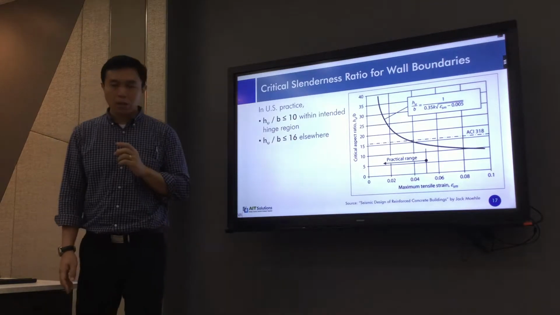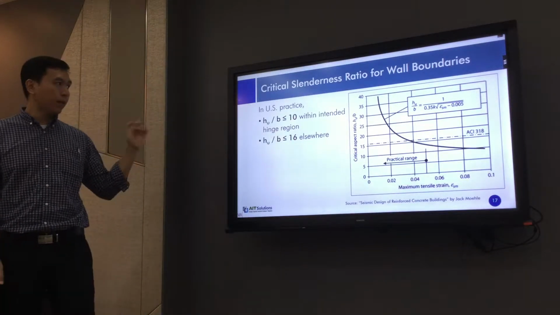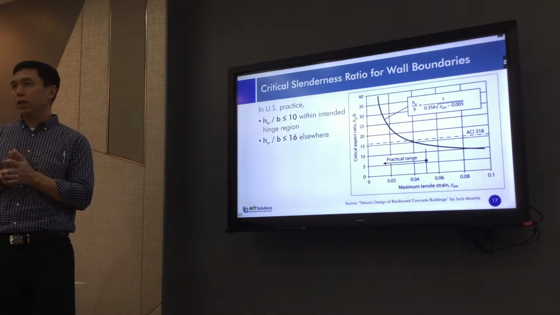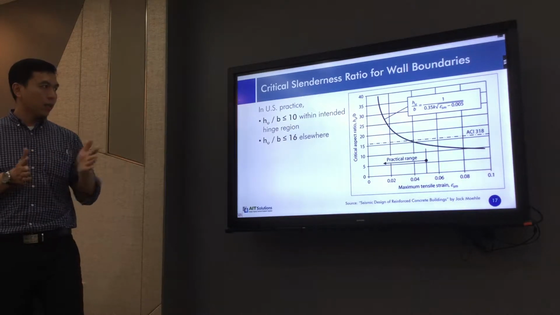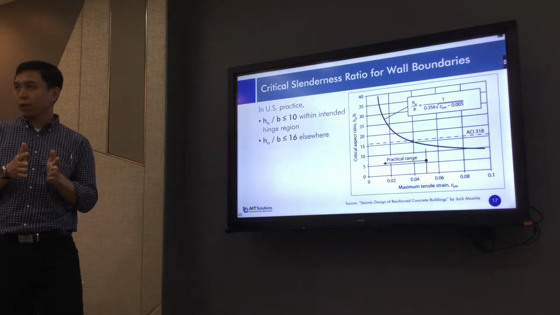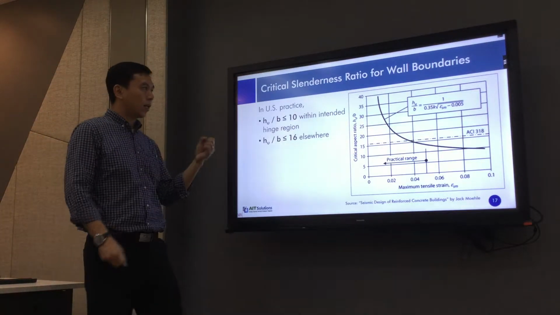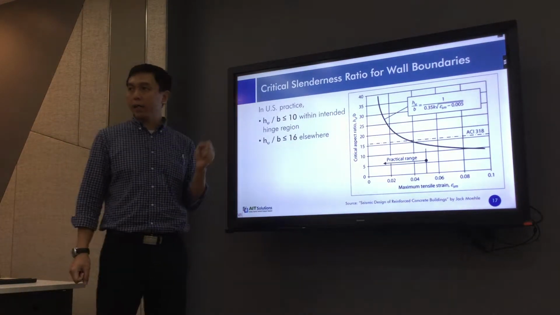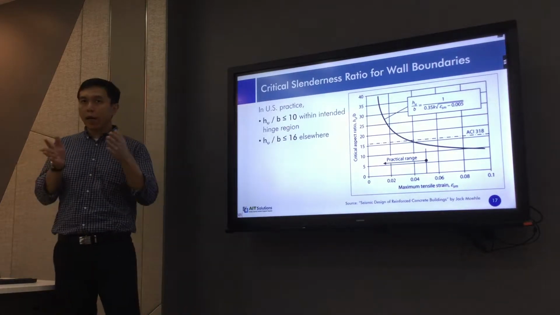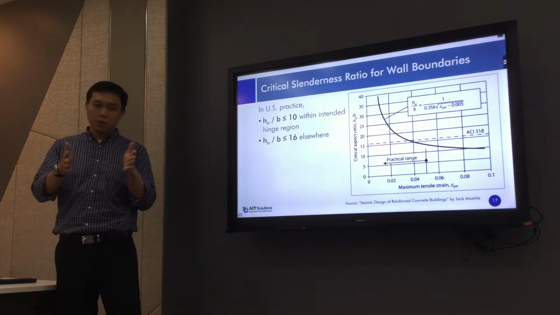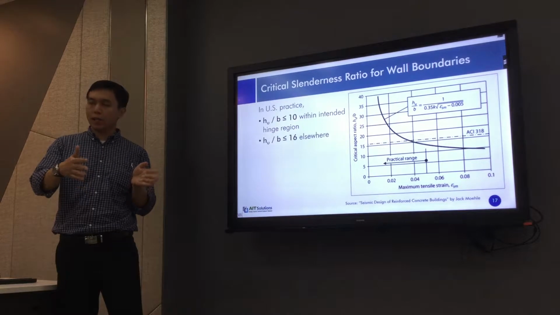So these things can happen, especially in smaller shear wall thicknesses. Normally, when we design buildings in a high seismic zone, due to large shear demand, we have to provide large thickness.